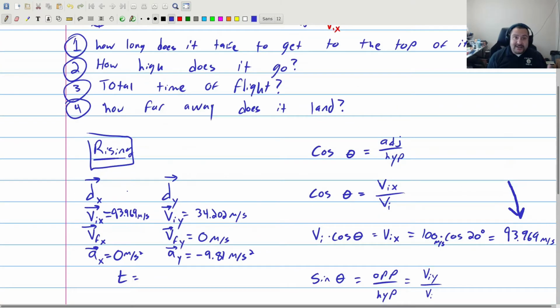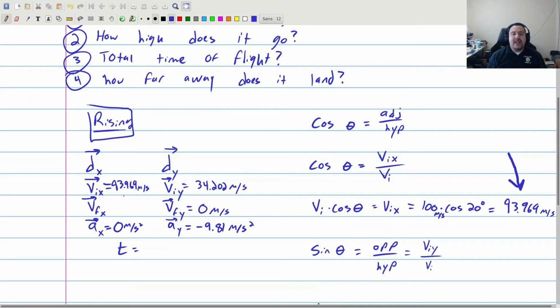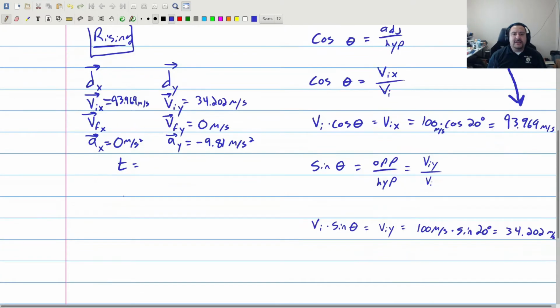And question 1 is asking, how long does it take to get to the top of its path? So we want to solve for the time that it's rising. So I look here and I say, okay, I've got v initial, I've got v final, I've got acceleration. I'm looking for time.